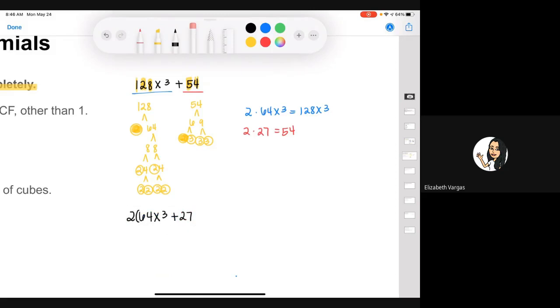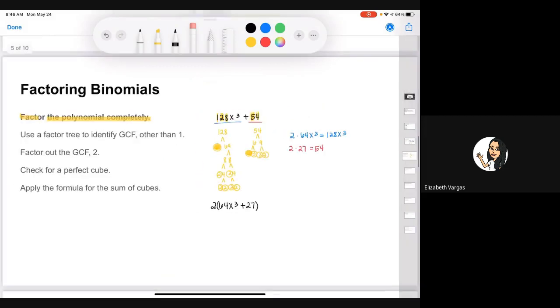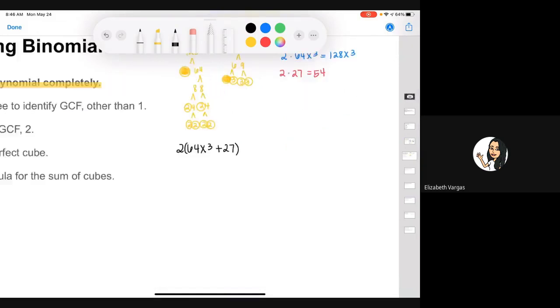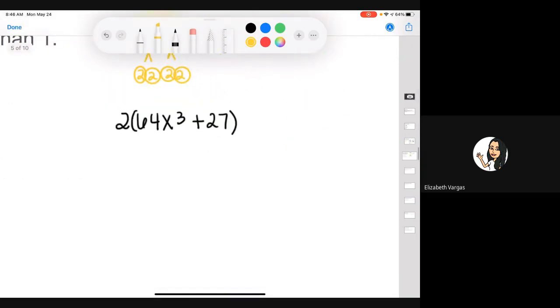Now I want to see, can I factor this expression even further? Because I need to factor it completely, that's what it wants me to do. Yes, I factored it once, but I want to see if I can go smaller. Again, do I have any greatest common factors? Or is there a way for me to create a sum or difference of cubes equation?